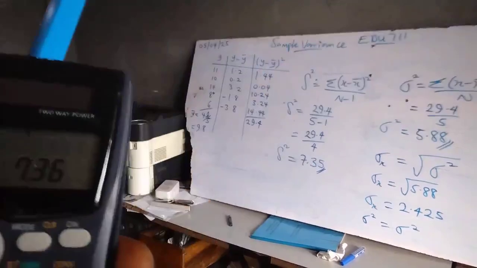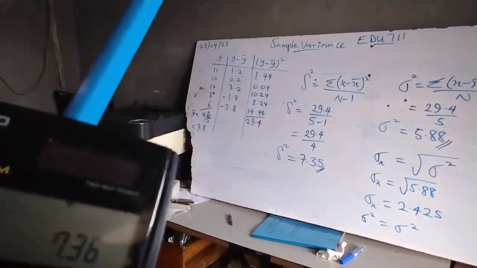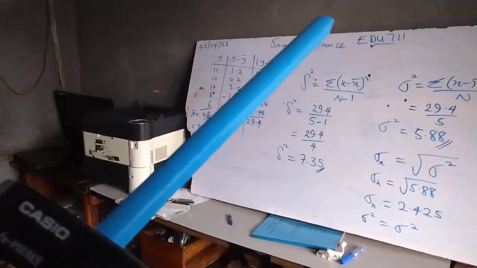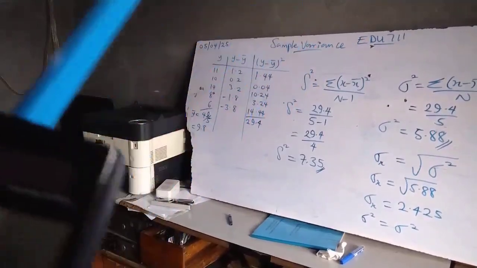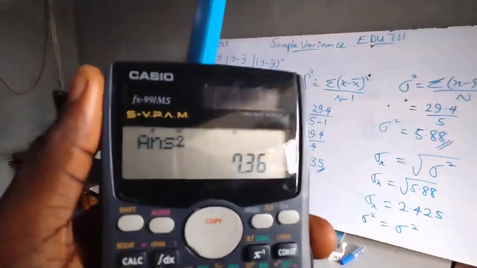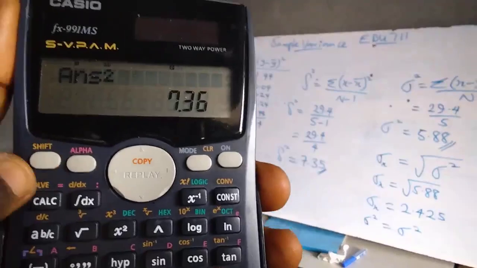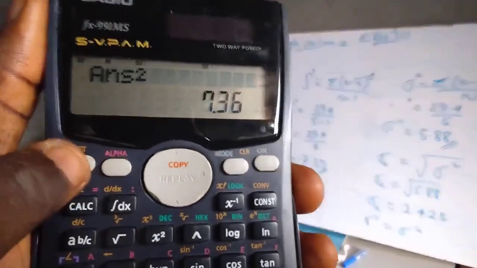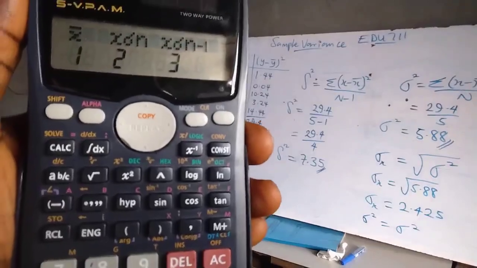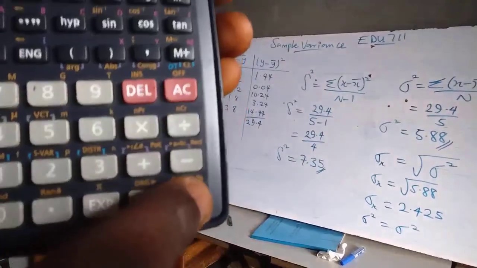So it means probably there is a mix up somewhere, because we should get the same value. So let's see, we still have the value in the calculator. Let's see our n minus 1, which is sample variance. So you press shift, and you press 2, and you press 3, this is n minus 1, and you press equal to.